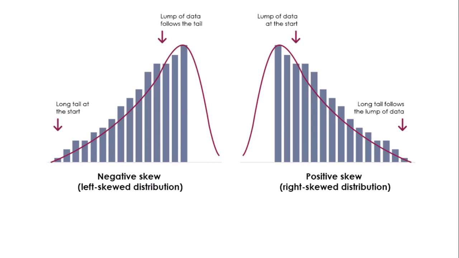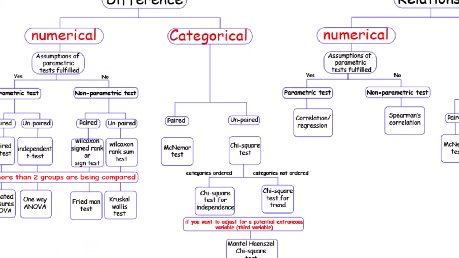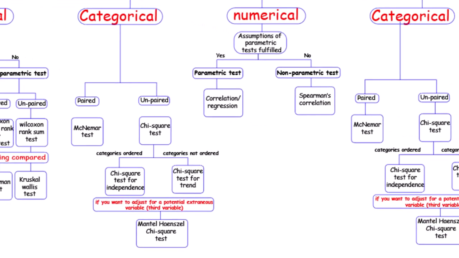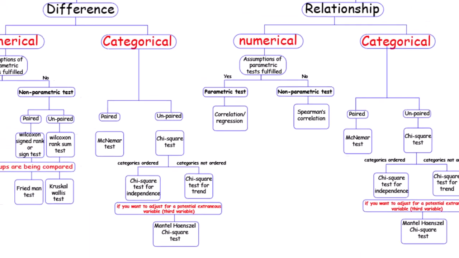So in our next part, we shall be looking at the different parametric and non-parametric tests and the conditions under which we can choose which one to use, and also which alternatives of parametric tests you can use.